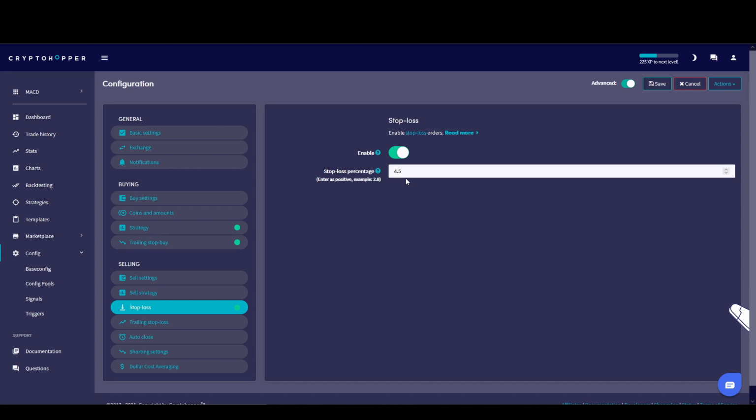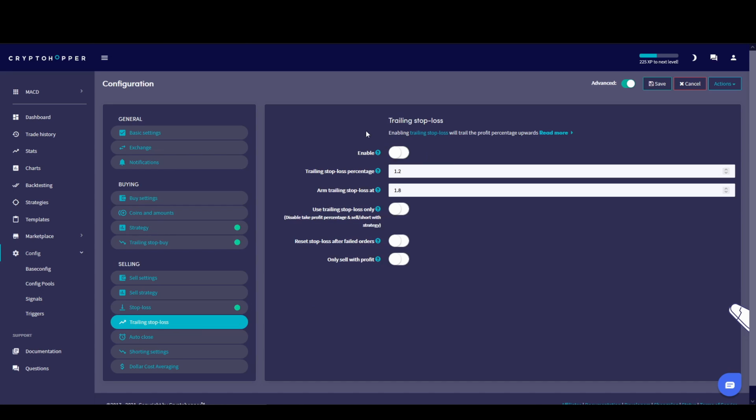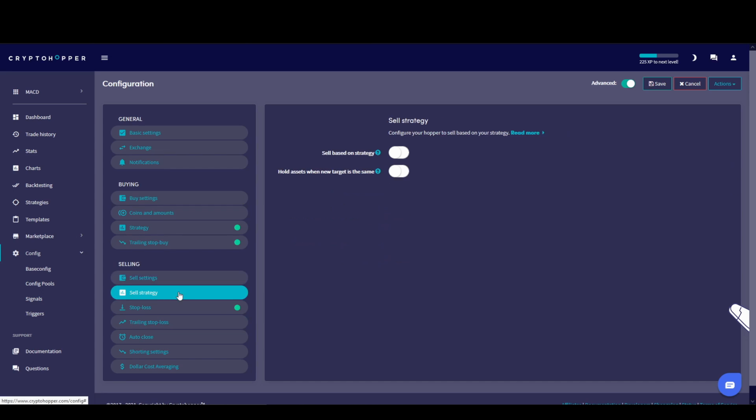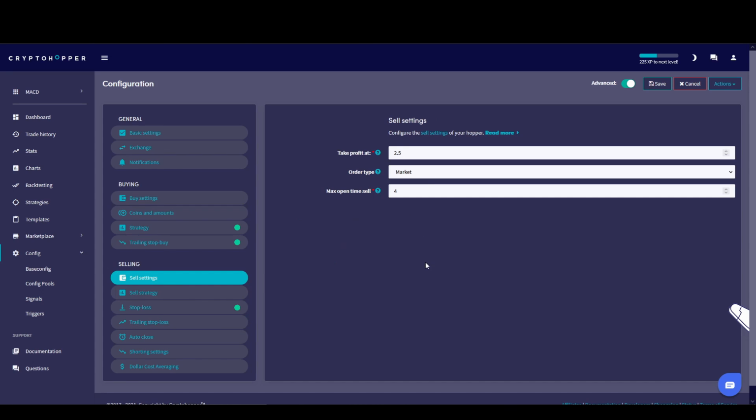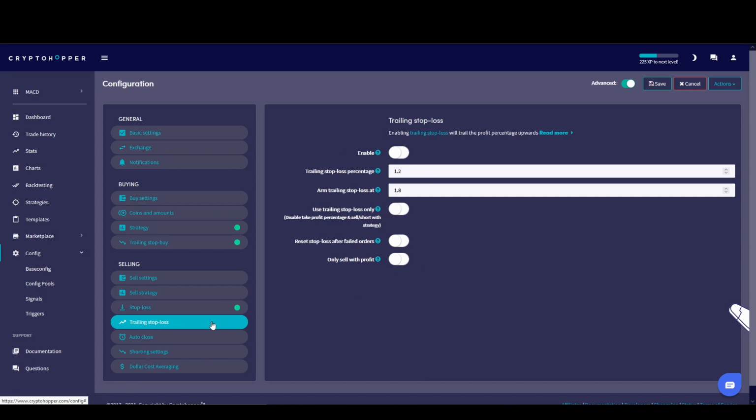There are even some coins that I did at 3% using that strategy where the result was also pretty good, but not all of them. Maybe 1, 2, or 3 that were okay, but the average of 4.5 should be good. Trailing stop loss, disabled completely. So for this strategy, we won't use trailing stop loss. We have a fixed profit at 2.5%. We're in, we're out. That's it.